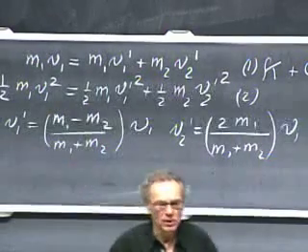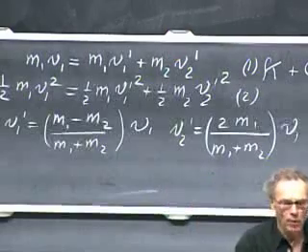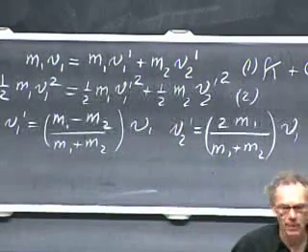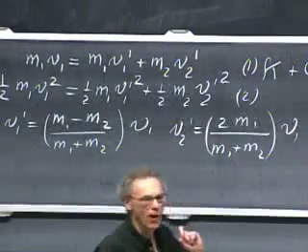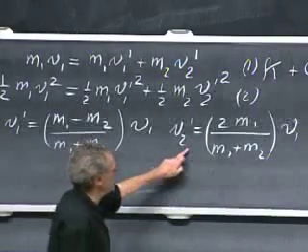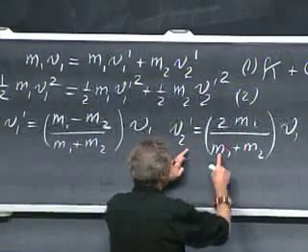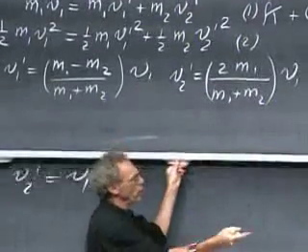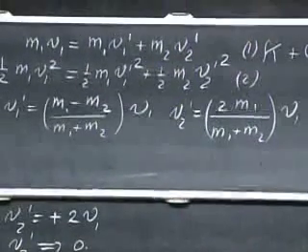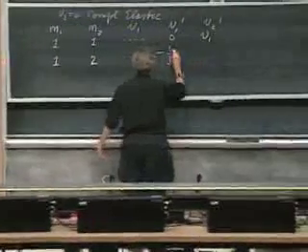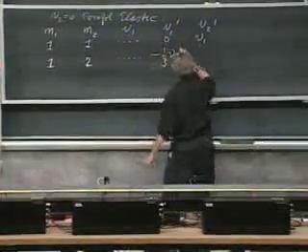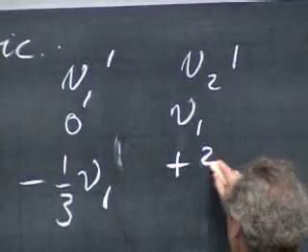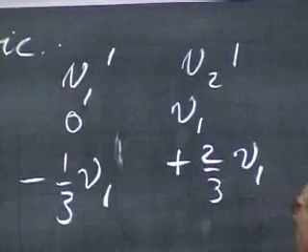If you bounce a lighter object off a more massive object, no surprise that it bounces back. So that's minus 1/3. And when we look here, we have 2 times 1 divided by 1 plus 2, which is 3. That is plus 2/3. So number 1 will come back with a speed 1/3, which of course, since this is sign sensitive, we get minus 1/3 v1, and this one is plus 2/3 v1.